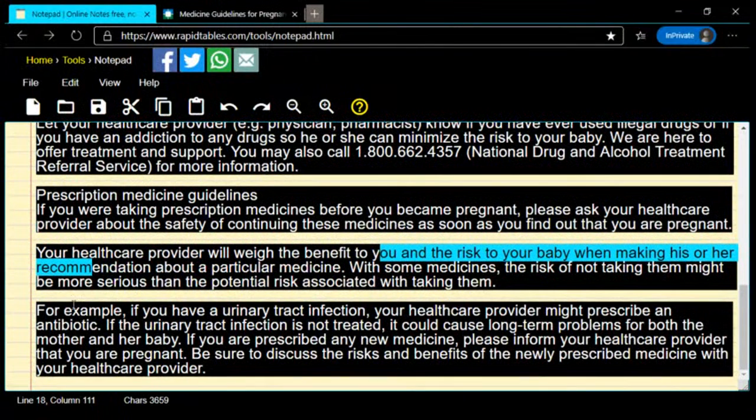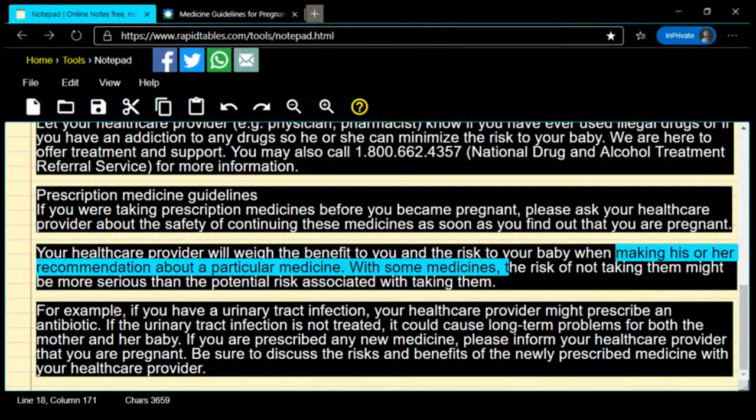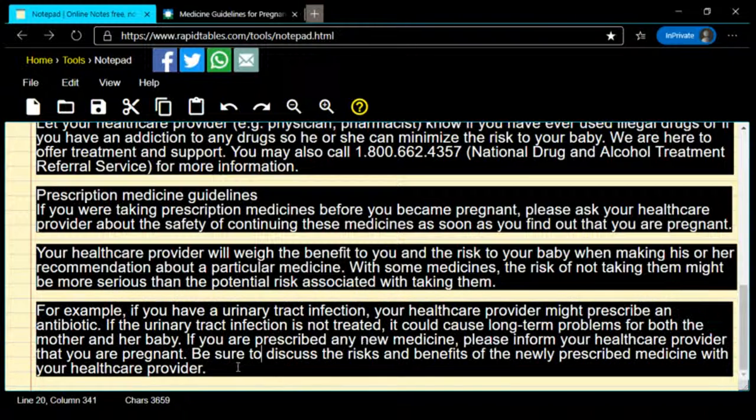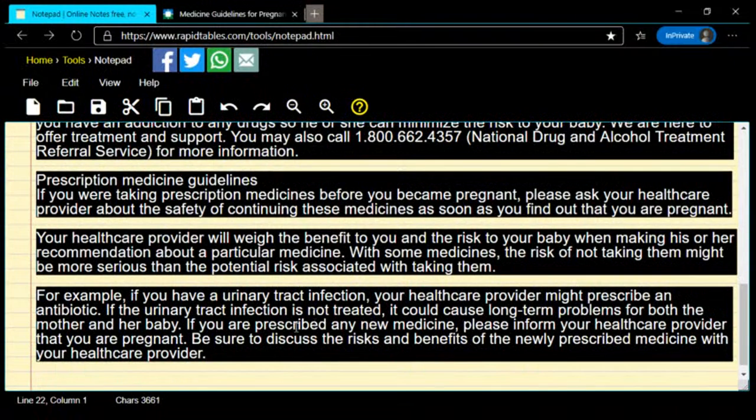The healthcare provider should weigh up the benefit to your health and the risk to the baby. For example, urinary tract infection.